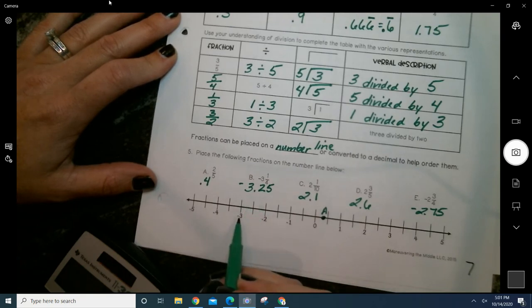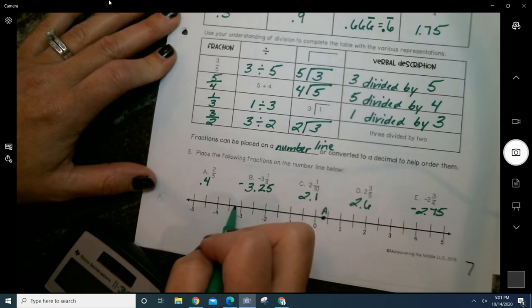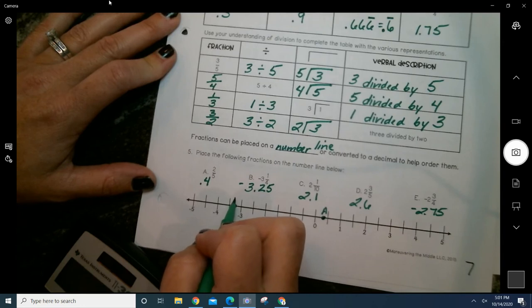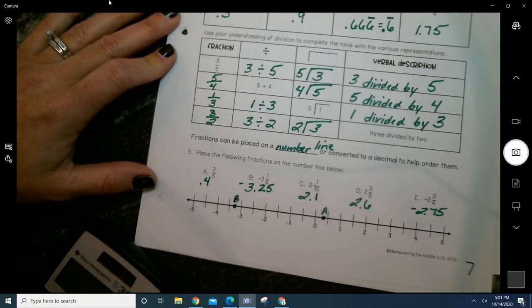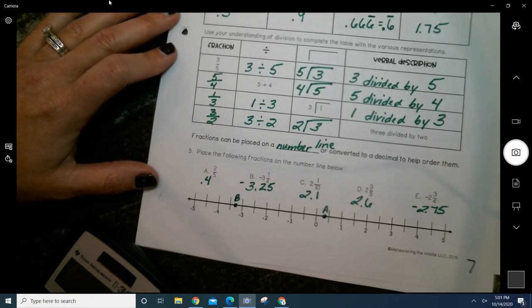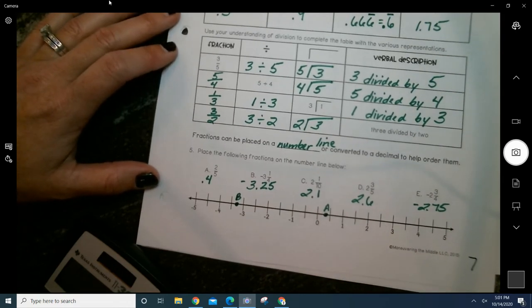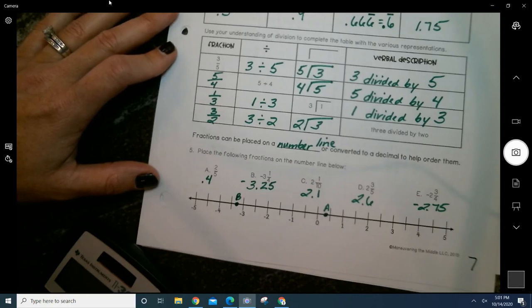We know it's going to be between -3 and -4. It's not quite going to be to -3.5. It's going to be right in the middle there. You guys go ahead and place C, D, and E on your notes, and then you can check them. Pause the video.